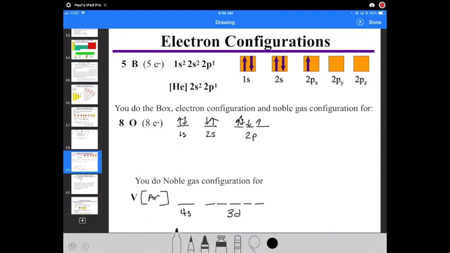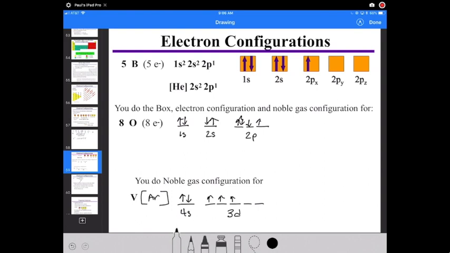After argon, my next level is 1, 2, 3, 4, where potassium is, 4s, and I put the 19th and the 20th electron in, and then 21, 22, 23. That's 23 electrons representing vanadium. This is what you would absolutely predict it would look like.